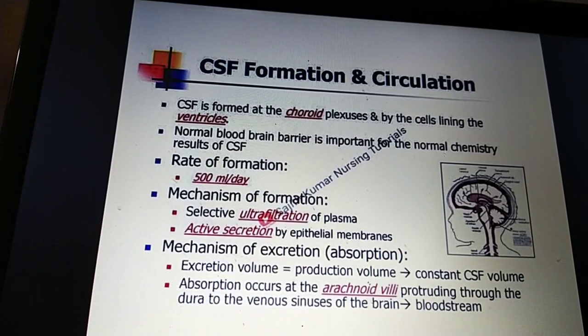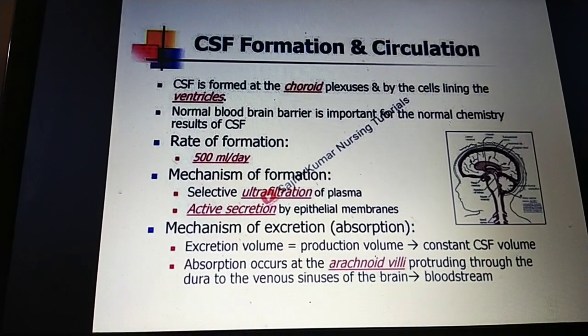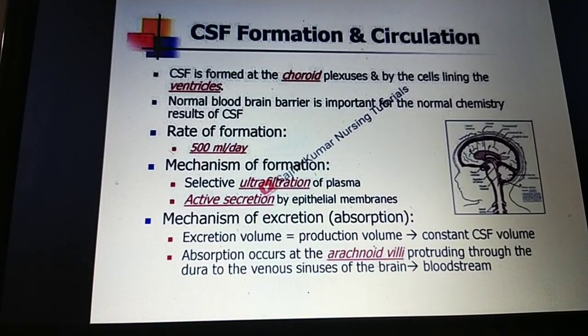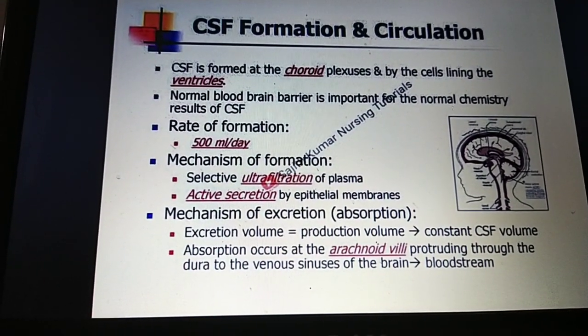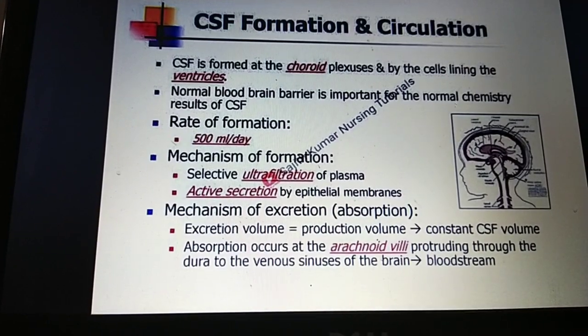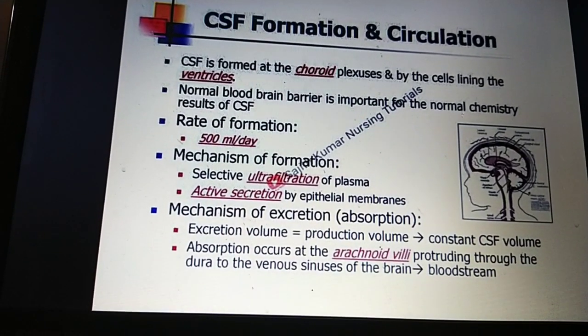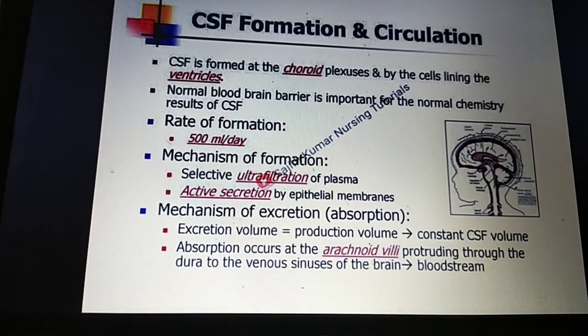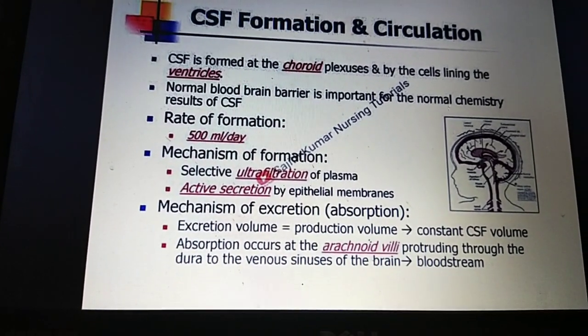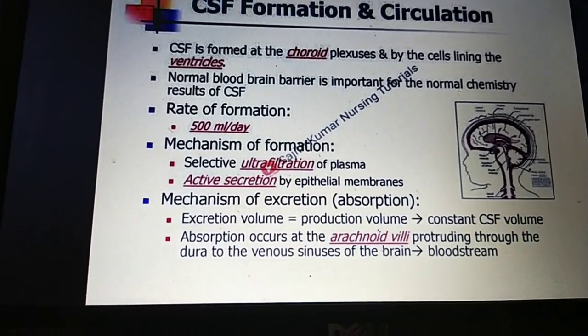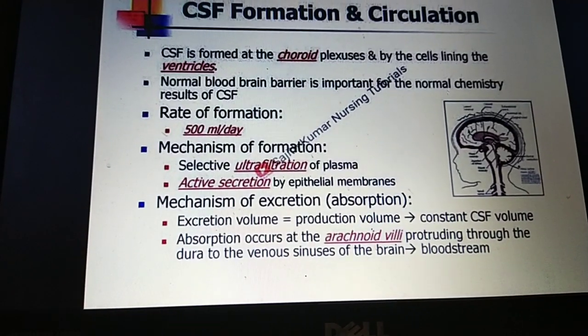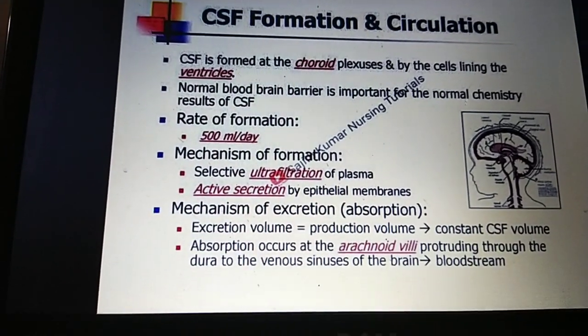CSF formation and circulation. CSF is formed at the choroid plexus by the cells lining the ventricles. A normal blood-brain barrier is important for the normal chemical composition of the CSF. The rate of formation is 500 ml per day.